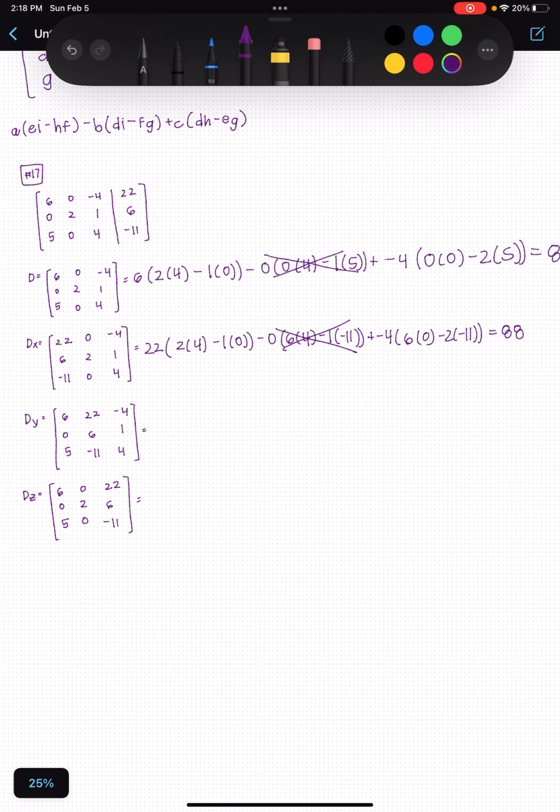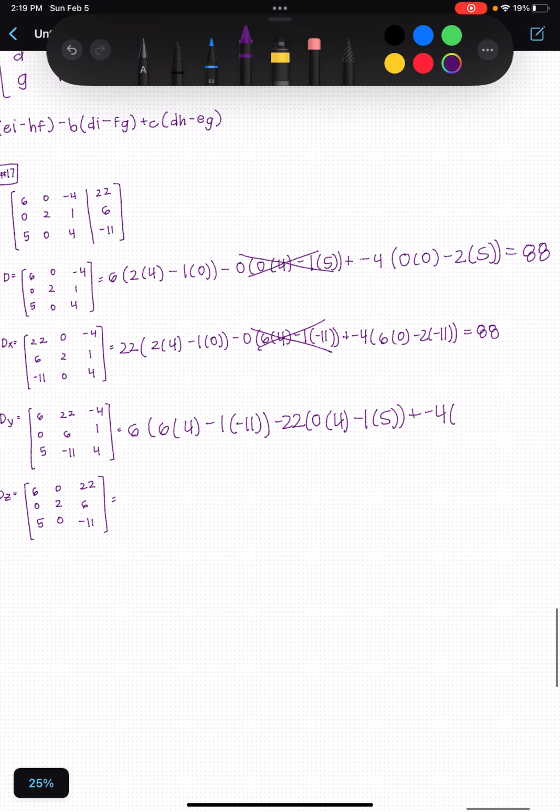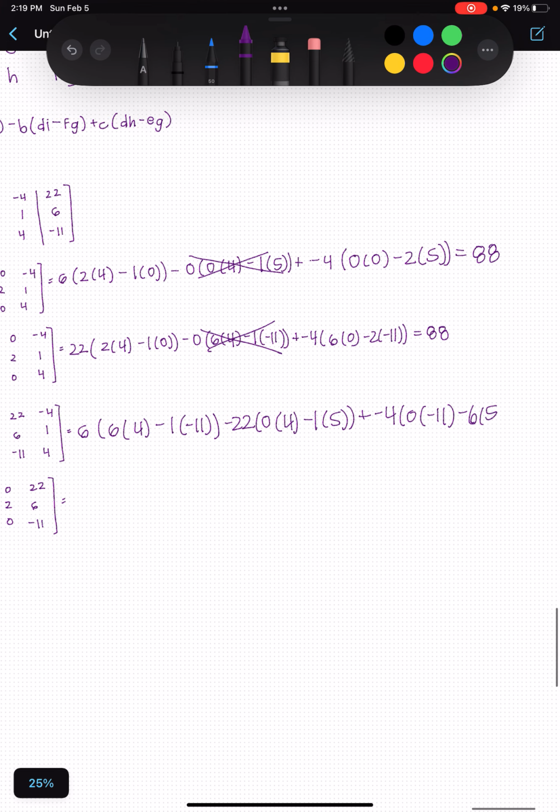When we plug that into the formula, we're going to have 6 times 4 minus 1 times negative 11, minus 22 times 0 times 4 minus 1 times 5, plus negative 4 times 0 times negative 11 minus 6 times 5.